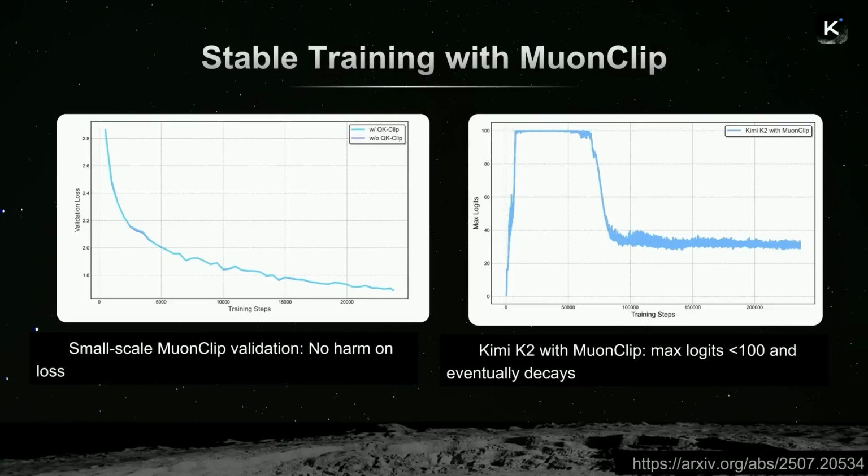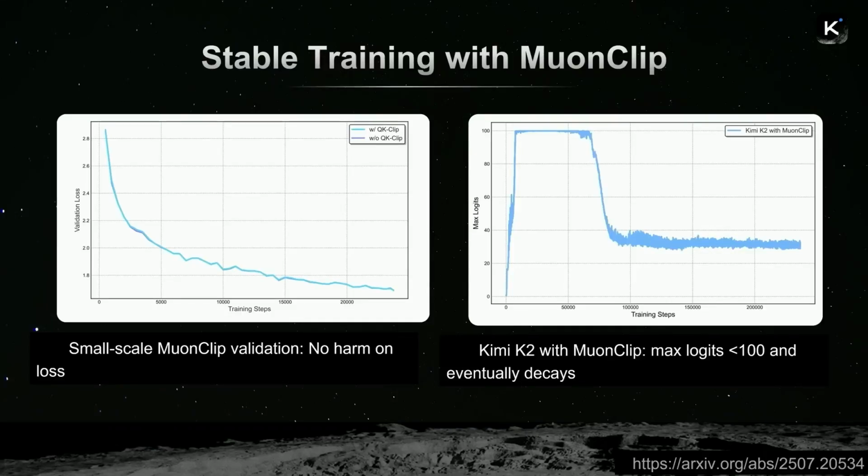It first explodes as before, but at the value of 100 it's clipped at a constant value for a long time. Then after a certain number of steps, it just naturally goes down. So the neural network finds a way to constrain the maximum value of the max logit to ensure a stable training process.